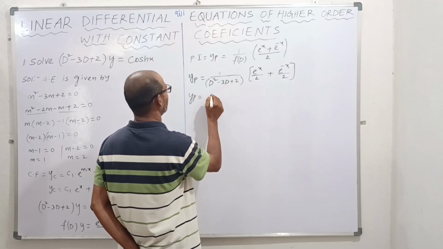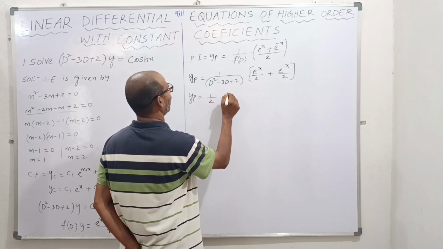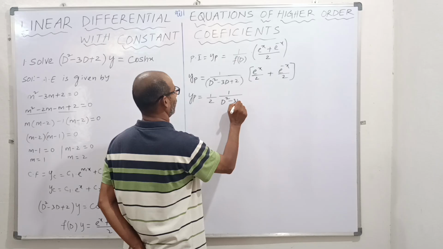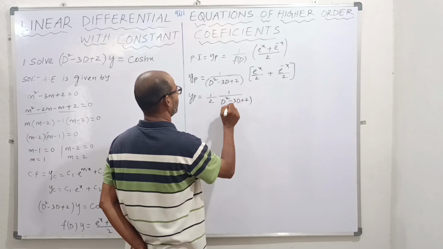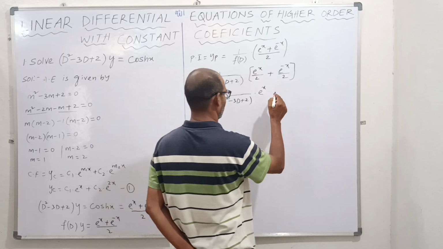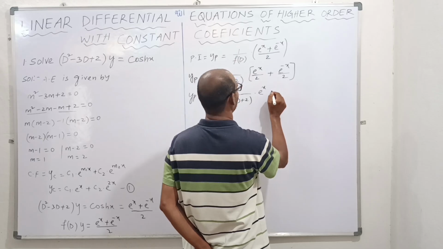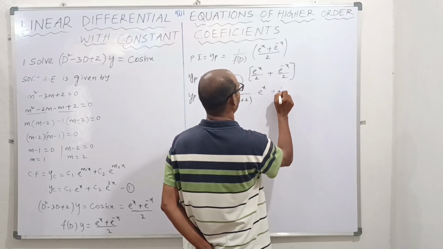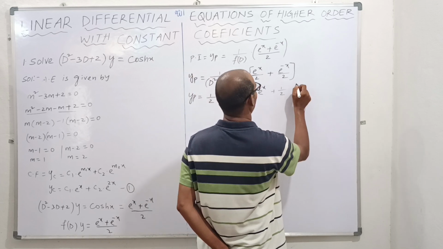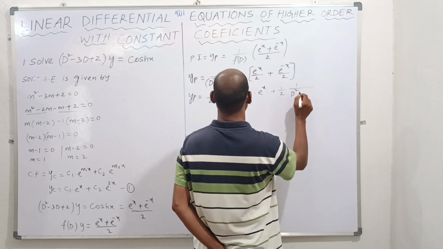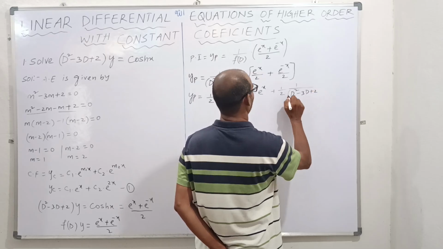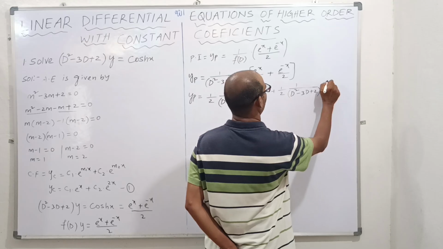We can take this 1 by 2 as a constant, so 1 by 2 into 1 by (D square minus 3D plus 2) into e power x. Again, 1 by 2 is a constant, plus 1 by 2 into 1 by (D square minus 3D plus 2) into e power minus x.